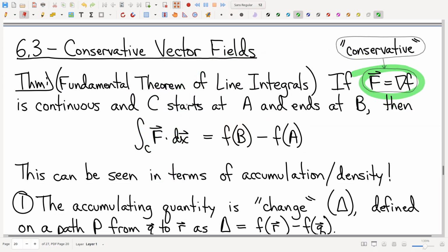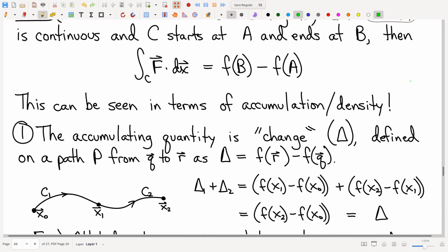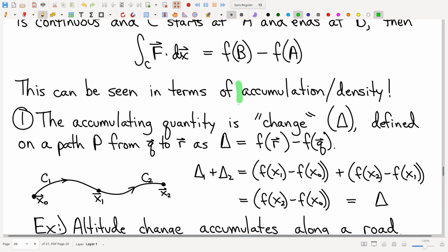All right. So, how are we going to understand this thing? There's different takes that one can have, as y'all can probably suspect. I'm going to take an accumulation point of view. What I really like about the accumulation and density point of view on all these theorems, this is going to be like our fourth, I think, such theorem already. And we've got, let me think now, arguably two, maybe three, depending on how you look at it, more of these theorems to see.